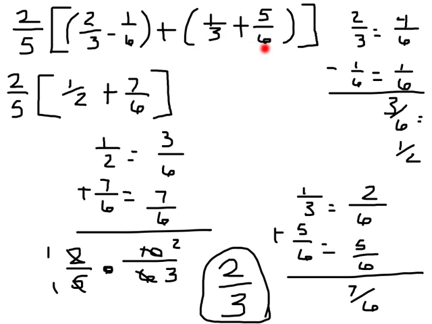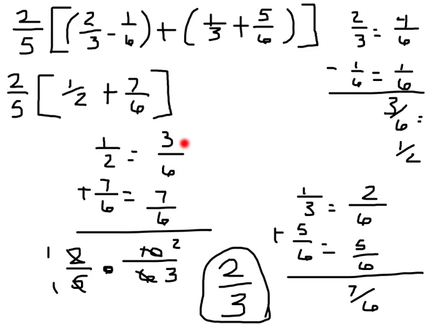Then we're going to add 1/3 plus 5/6. Well, 1/3 is the same as 2/6. 2/6 plus 5/6 is 7/6. So all of this reduces to 7/6. Now I'm going to have to add these two fractions, 1/2 and 7/6. Common denominator is 6.